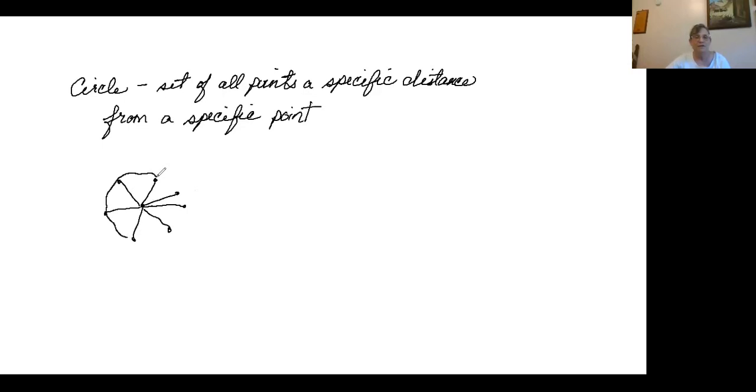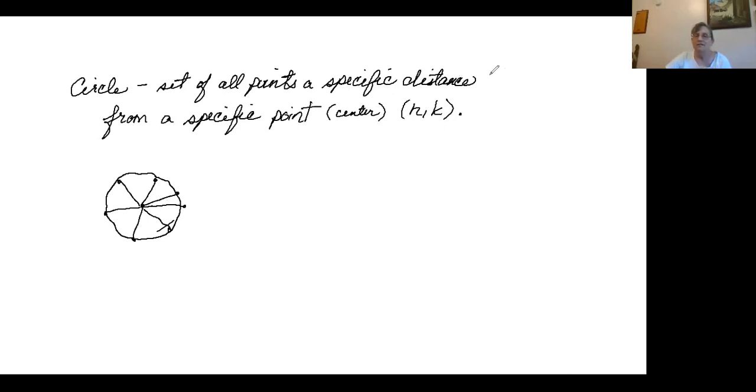It's like if you had a string 3 units long and you anchored it at this point and you attached a pencil to it and you drew it all the way around. Now this point we call the center, duh, and we usually label it H, K. We don't use an X and a Y to identify it because it's not actually a point on the circle, although we can't possibly determine where the circle is without knowing it.